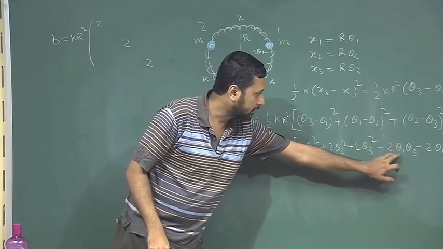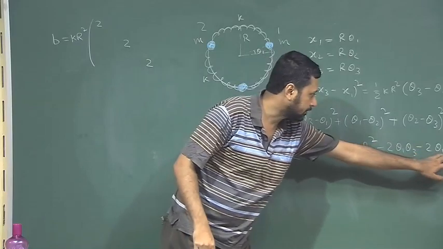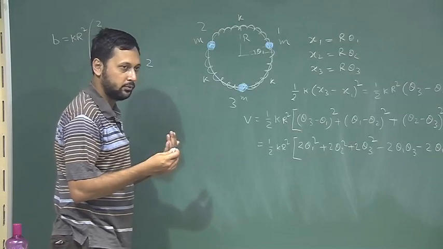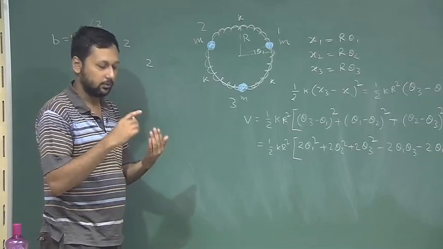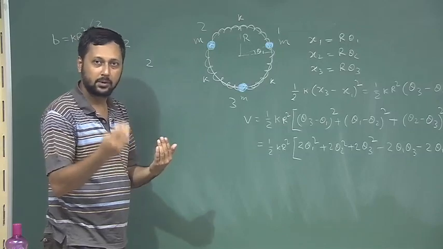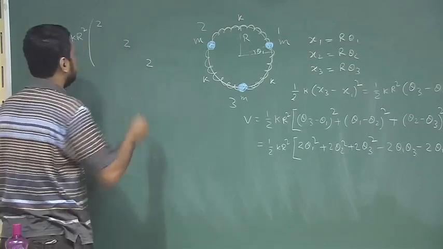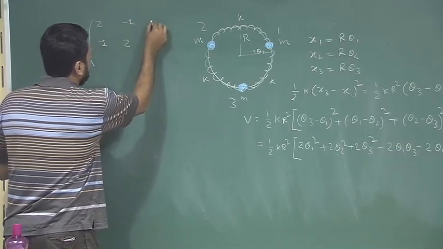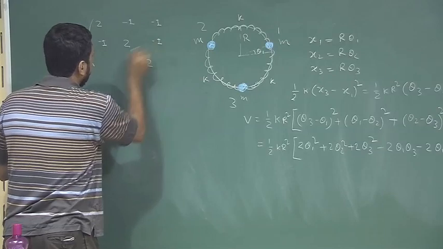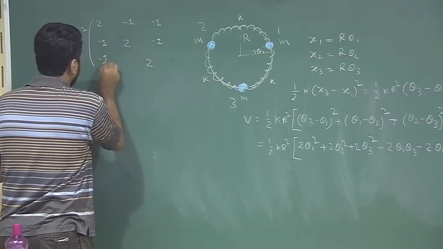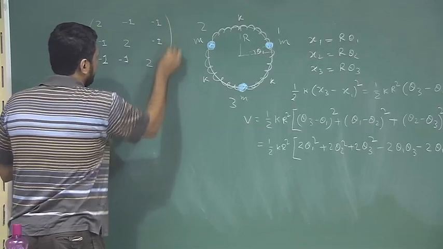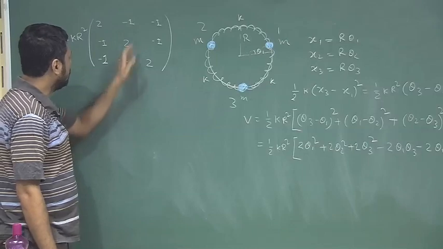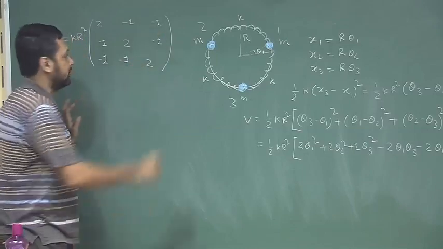Now, for this term, let us start with theta 1 theta 2, again we have to break it in a symmetric manner. So, 2 theta 1 theta 2 will be theta 1 theta 2 plus theta 2 theta 1, so that the matrix remains symmetric. So, it will be minus 1 here and minus 1 here, and so on for all the off diagonal entries. Okay. So, it is a matrix where we have diagonals as 2 and off diagonals as minus 1, all of it.